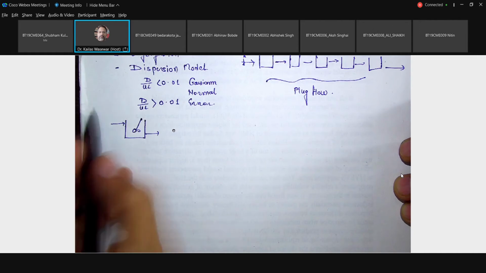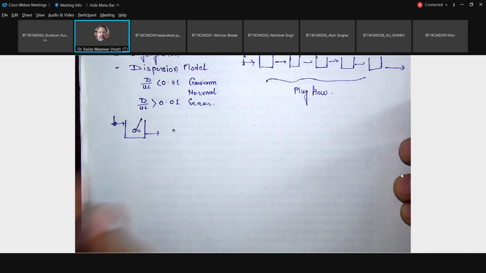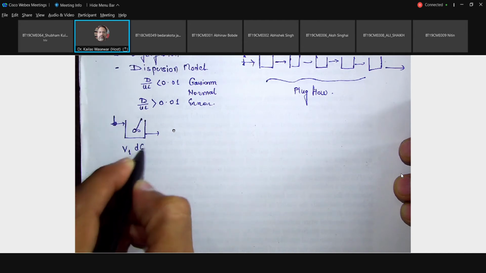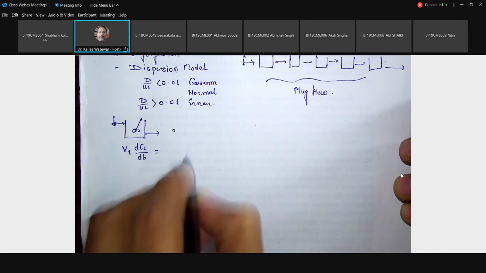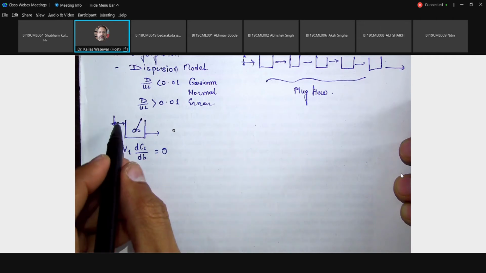So if you are giving a pulse here and you are writing the material balance, what will it be? V1, that is the volume of the first reactor, dC1 by dt is equal to, there is no reaction. Remember, this is a tracer we are using. Okay, pulse input we have given.